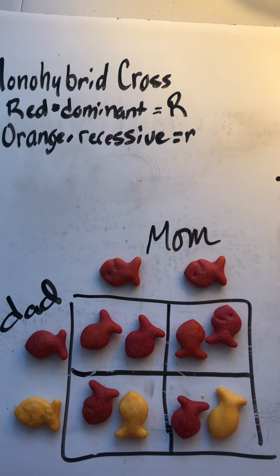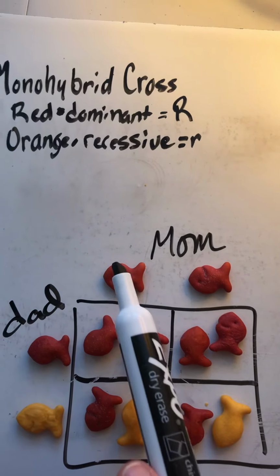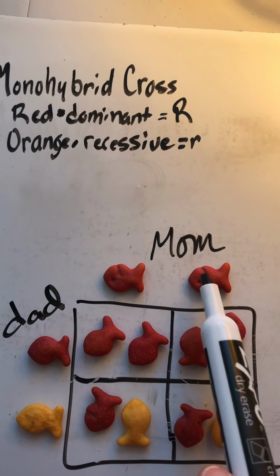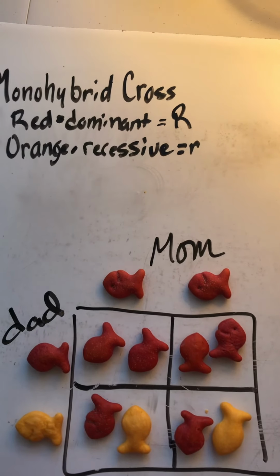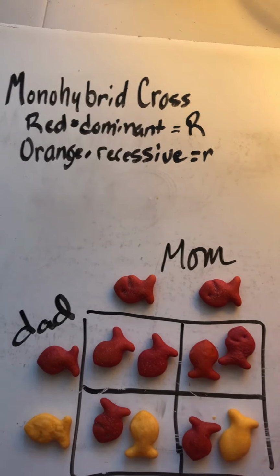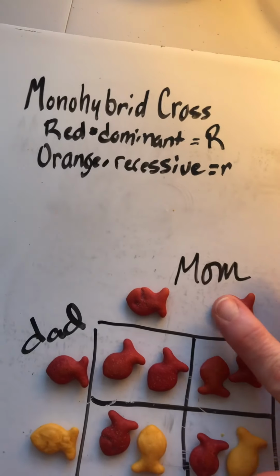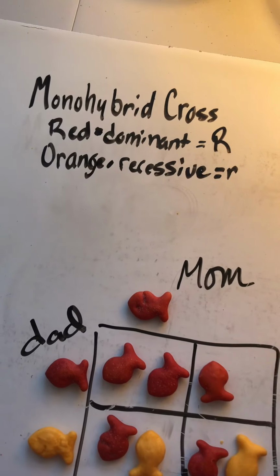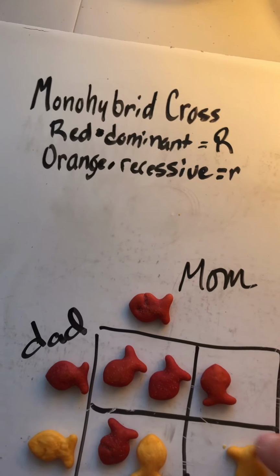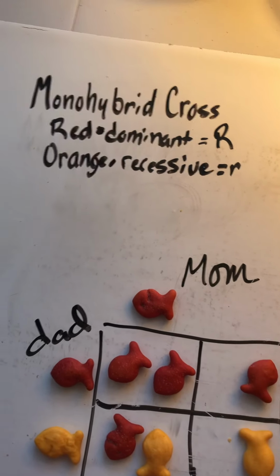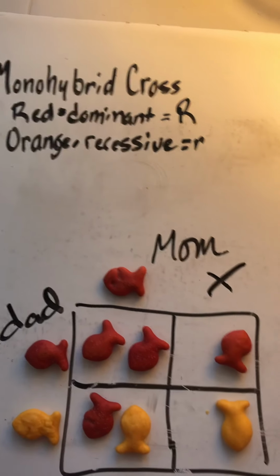And this is following Mendel's law of segregation, in that each gamete needs to be represented by that trait. If we were to, say, have an error in meiosis where we do not have a second allele from mom, then something happened.